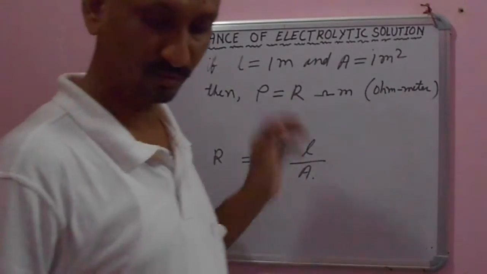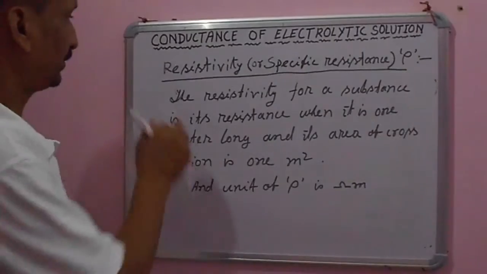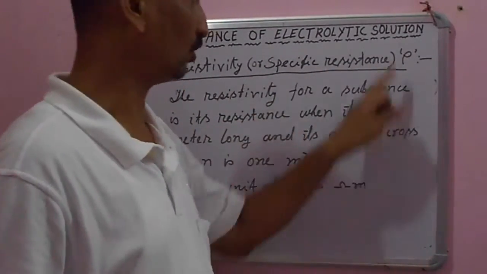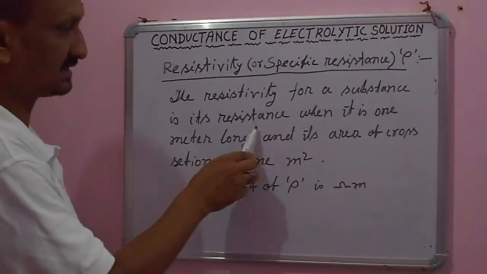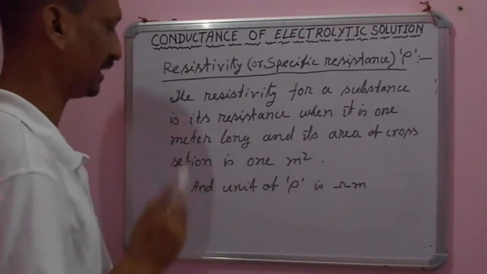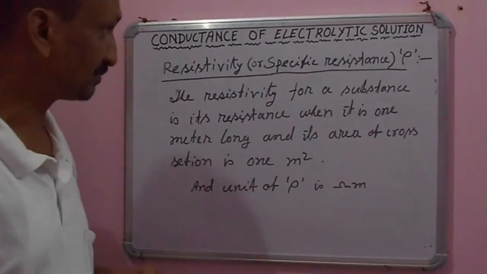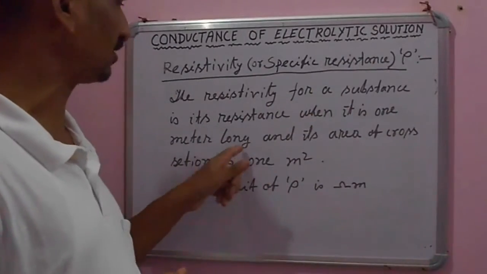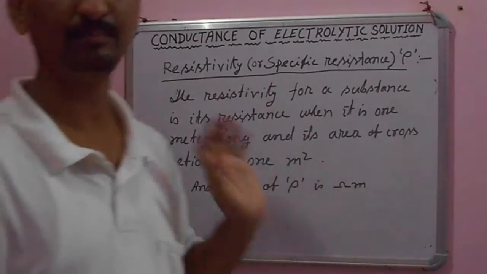So now we write the definition of resistivity or specific resistance, rho: it is the resistance of a substance when it is 1 meter long and its area of cross section is 1 meter square, and its unit is ohm meter.